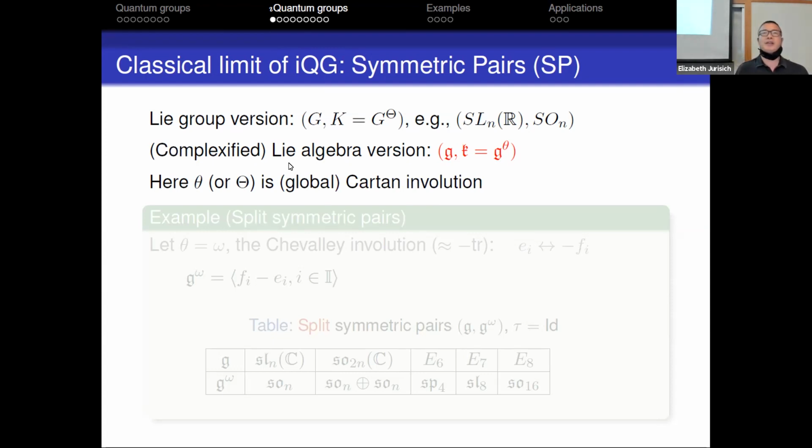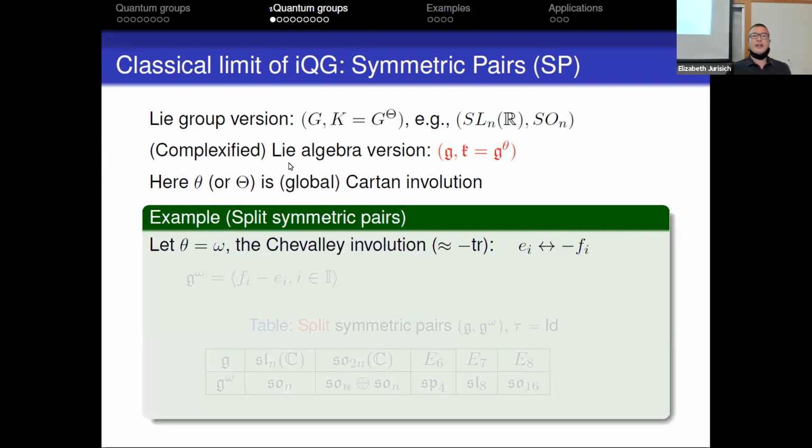So g is a semisimple Lie algebra over the complex numbers. You have some involution and talk about the fixed point subalgebra k. This k is often a complexified version of the Lie algebra of some compact group. For example, you can take this involution to be the Chevalley involution.